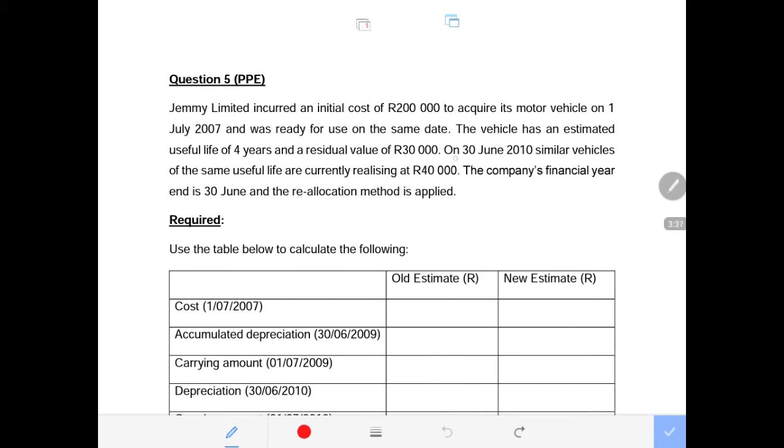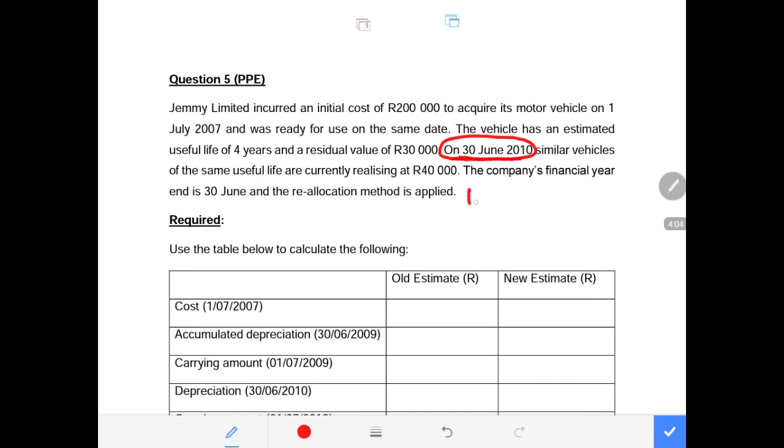Now take note that this change in estimate took place at the end of the accounting period, and I have highlighted and emphasized this under the intangible assets. If you're starting with this video, you will see that emphasis under the intangible assets, that when the change in estimate takes place at the end of the year, we always bring it to the beginning of the year, as if this must have been the case at the beginning of the year.